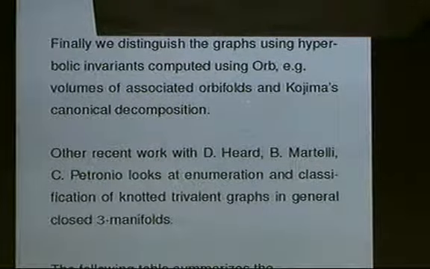So there's hyperbolic volumes, for instance, of associated orbifolds. And the other thing which we can use is Kojima's canonical decomposition. So using this, you find lots of projections actually give you the same knotted graph, but we can decide which ones are equivalent, and we come up with a complete list of these sorts of graphs.